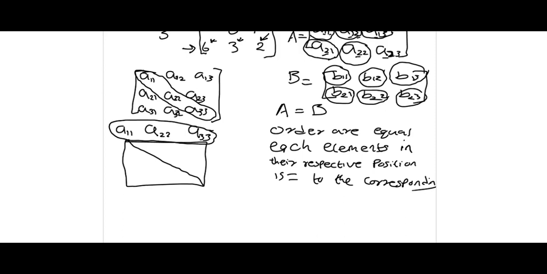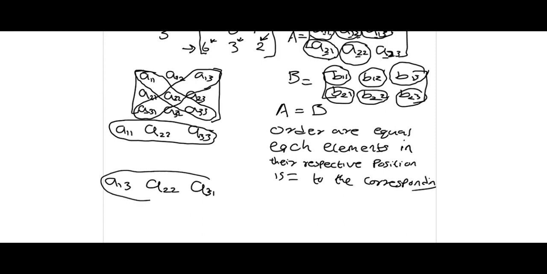Then we can also talk about the secondary diagonal, that's the second part of the diagonal, which is this. And that's A13, A22, A31. So this is the secondary diagonal.